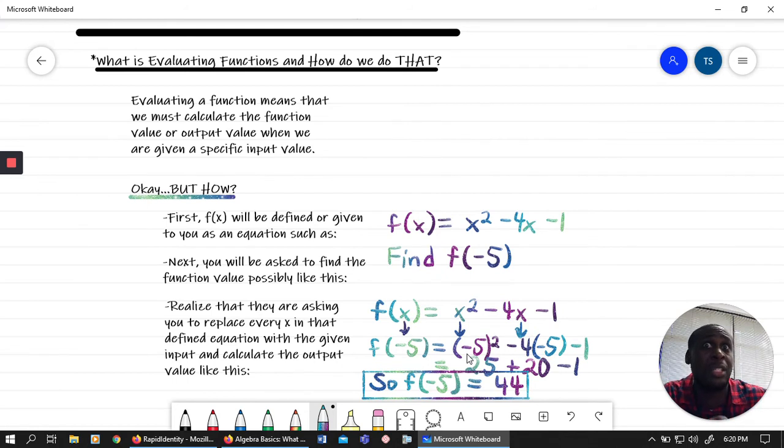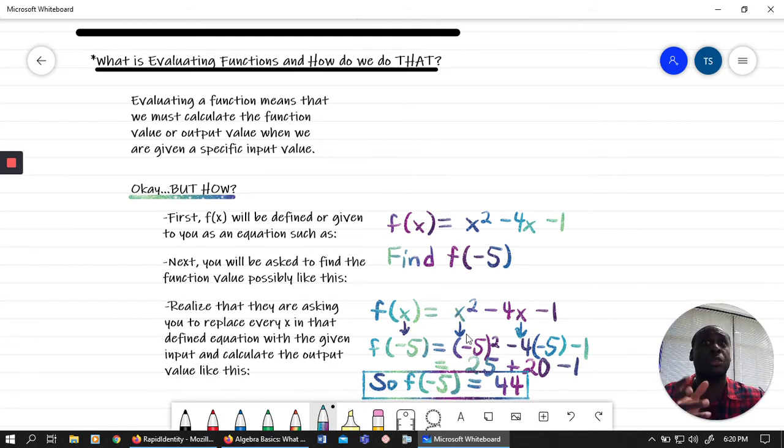So I know that this says negative 5 squared, but regardless of whether this is negative 5 being squared or positive 5 being squared, the result is still going to be positive 25. Anyway, when we square that, we get positive 25. When we do negative 4 times negative 5, we get positive 20. And the rest of that's common sense, right? Guys, I do suggest that if you're using a scientific calculator or graphing calculator, you put these values in parentheses, just like I've got them here.